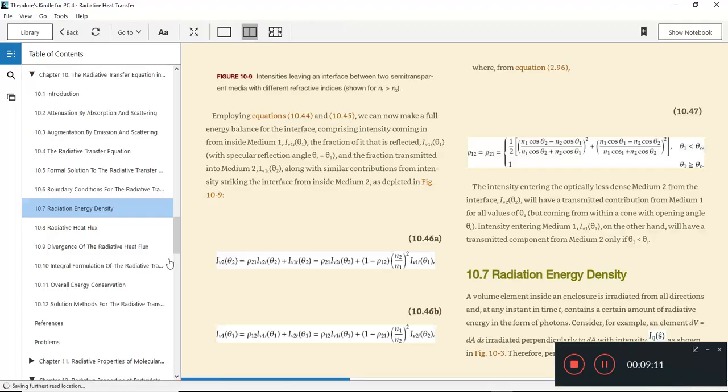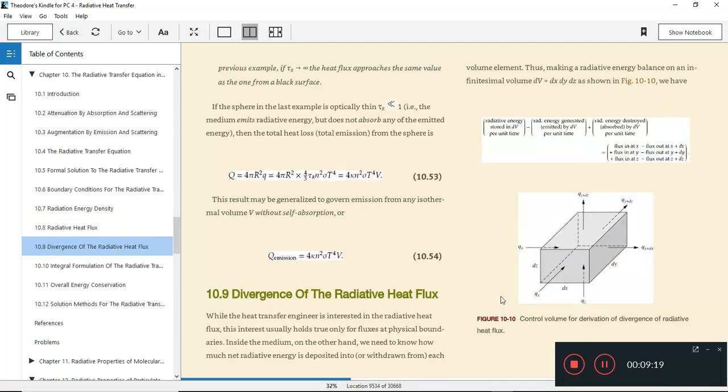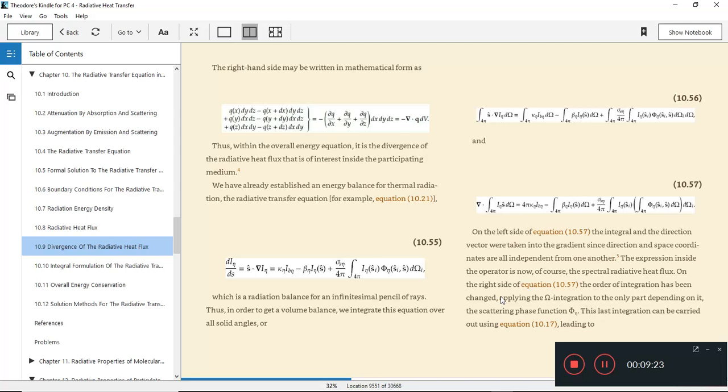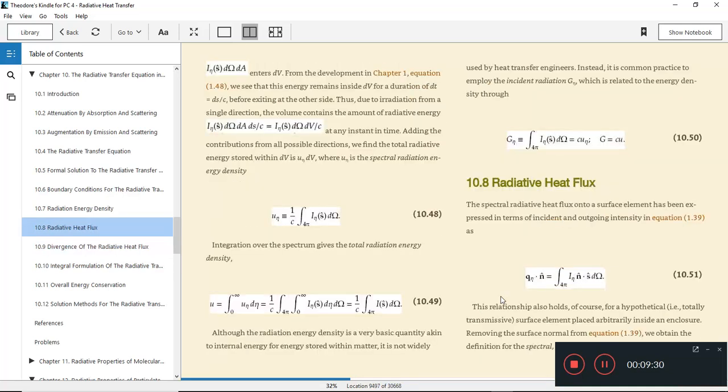So these quantities are over here in part 10.8 and part 10.9 in this textbook. So we're going to skip everything else. We want to start looking at this.